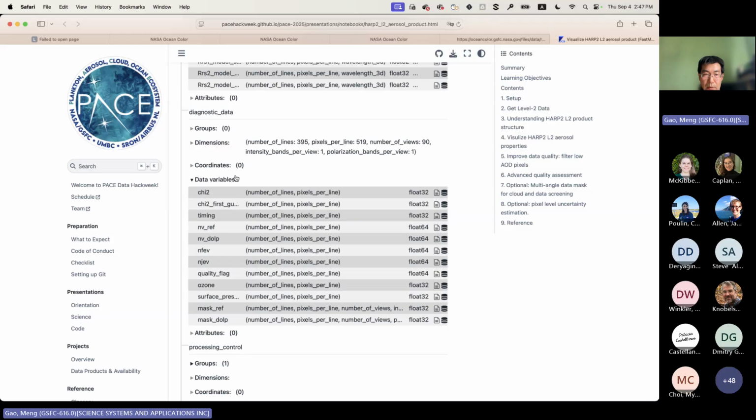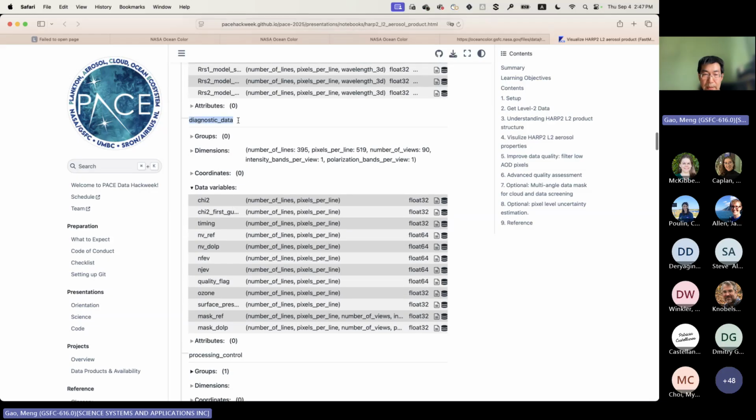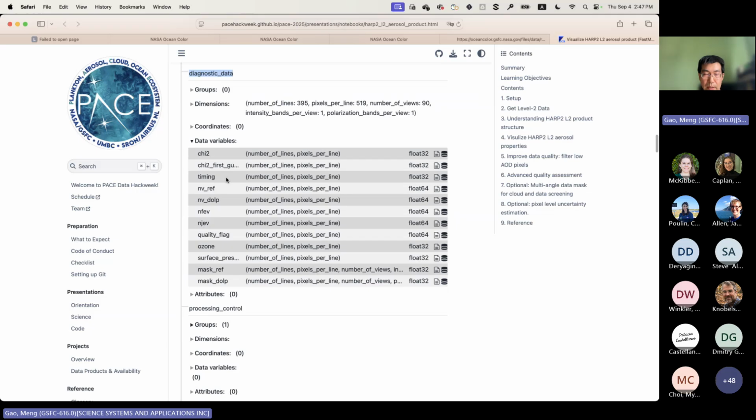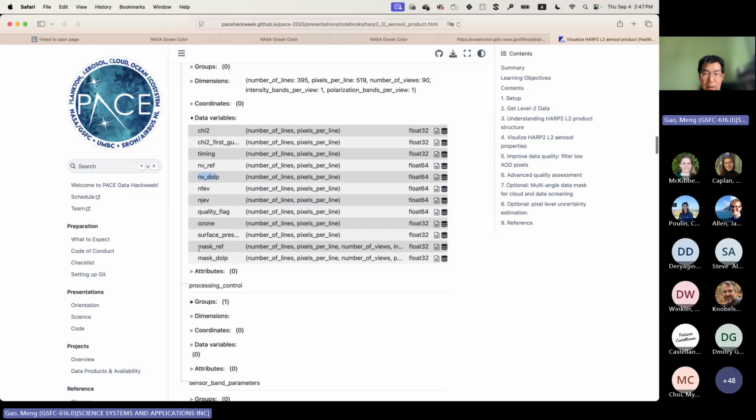Then there is the so-called diagnostic data that includes the fitting chi-squares and the number of valid angles, and we also have an angular data mask. These variables are really important for us because many of the products are still under investigation, so those are the variables we can look at all the time to understand data quality.